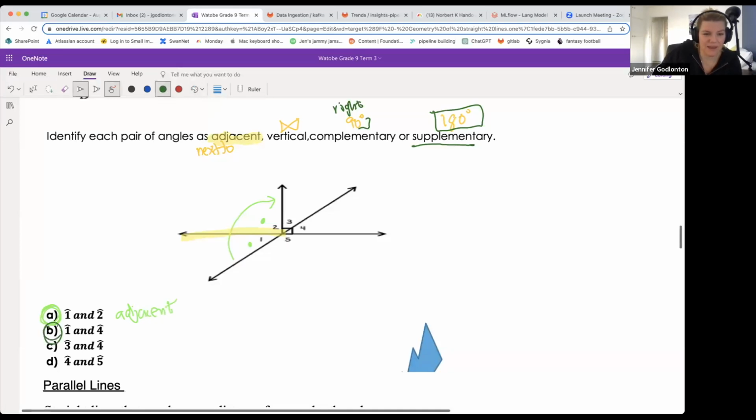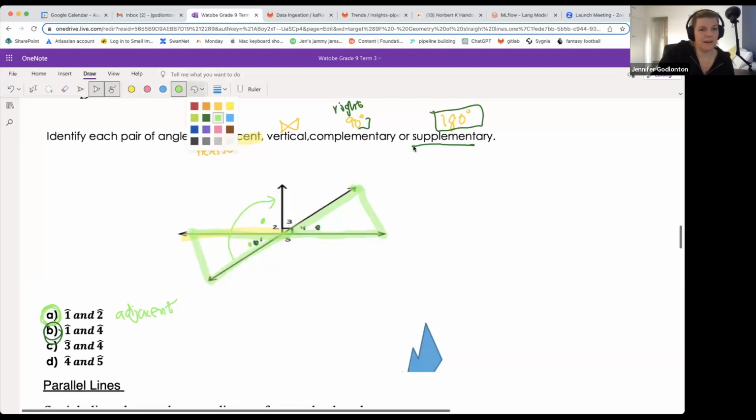So we've got B. We're looking at angles 1 and angles 4. What would angle 1 and 4 be? Yes, guys. Beautiful. Remember, we can create a little bow tie over here if we went on our straight lines. There we go. We've got a nice little bow tie.